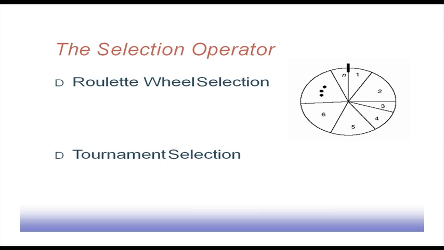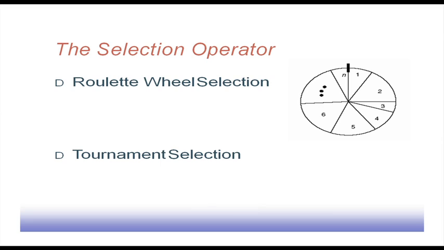The same process is repeated for selecting another individual. Again there is a tournament between two randomly picked individuals, and the winner takes part in crossover along with individual 5 selected before. This is tournament selection.